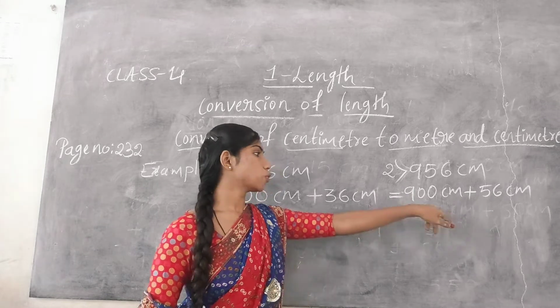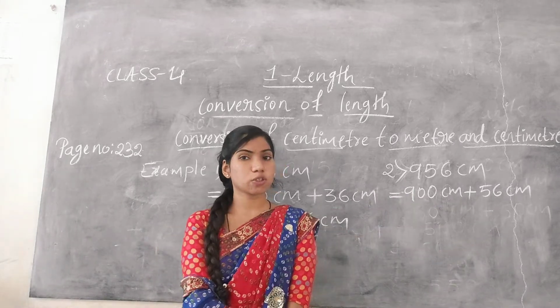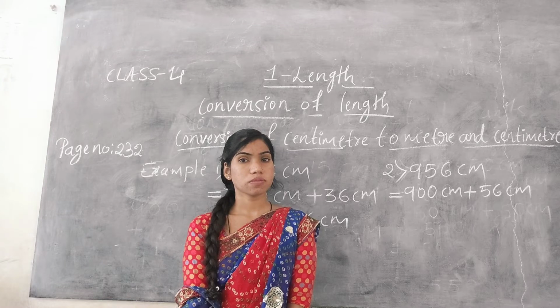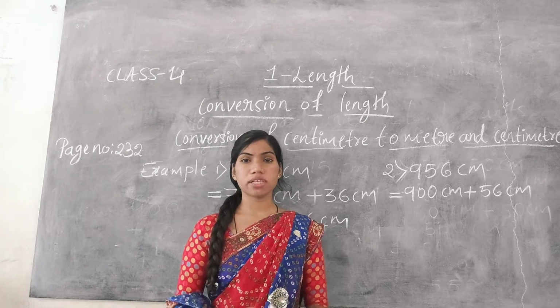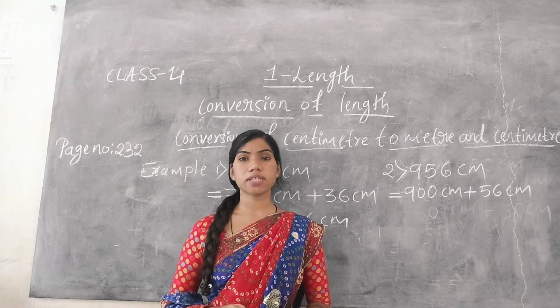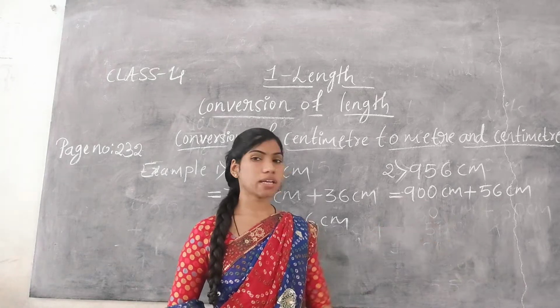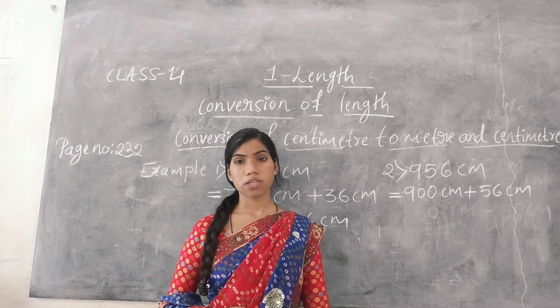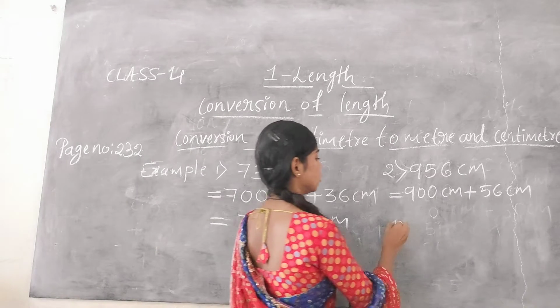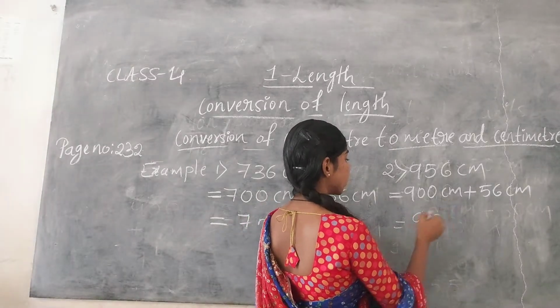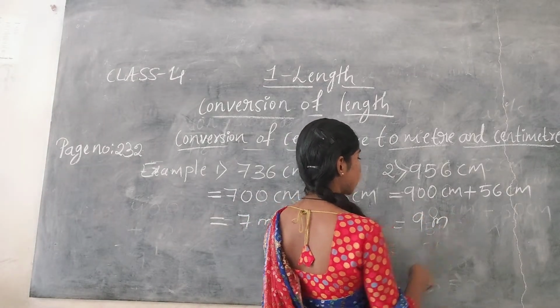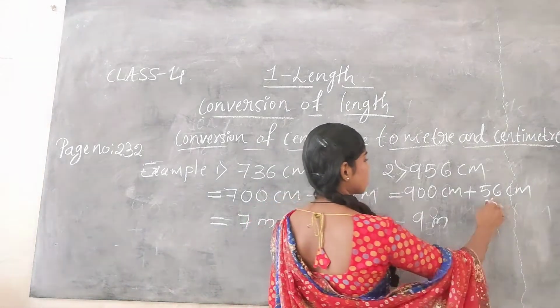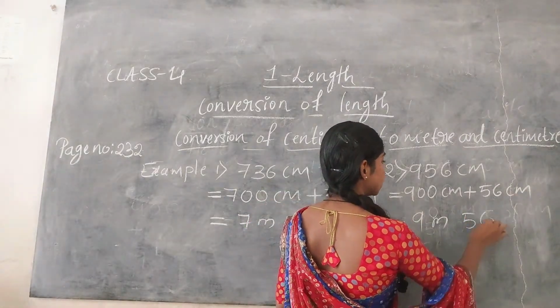Okay. So 900 centimeter is equal to 9 meter. Then write 56 centimeter.